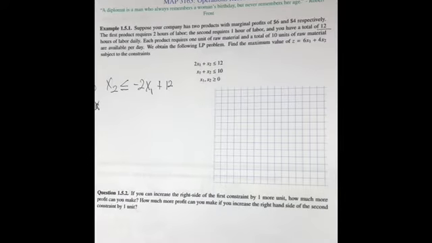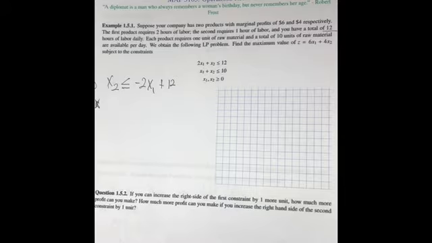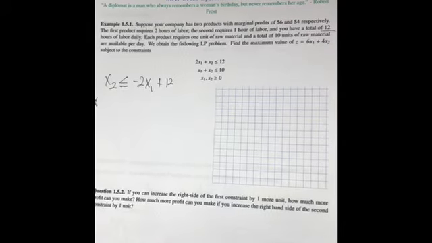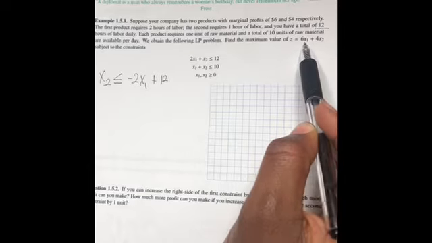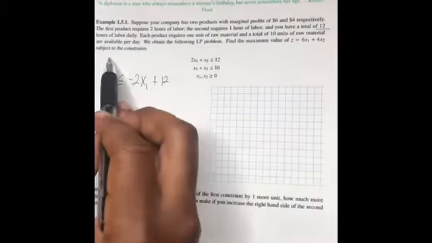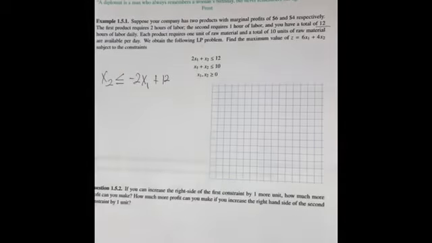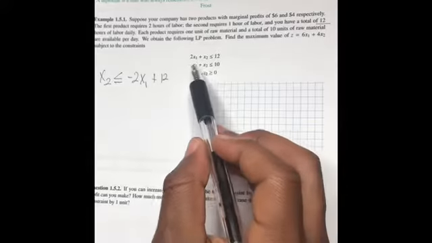We obtain the following LP problem. Now we need to find the maximum value of z equals 6x1 plus 4x2, subject to the constraints which we've been given from the above supposition.